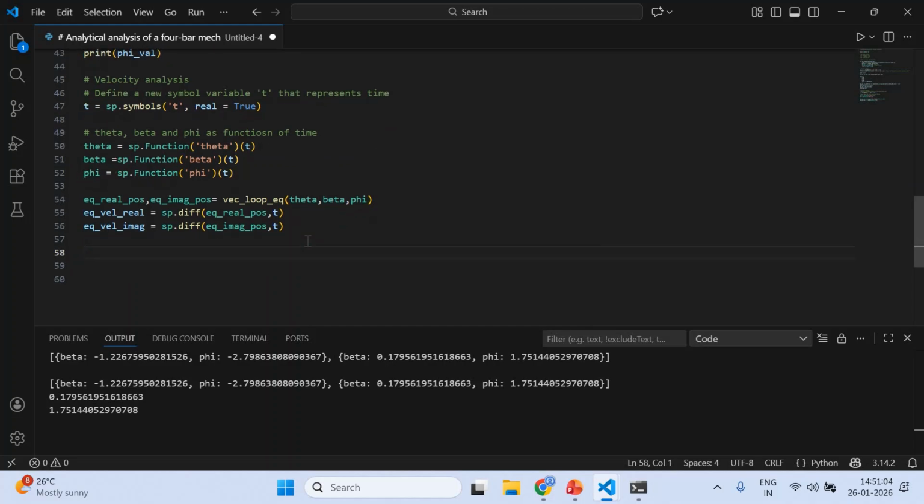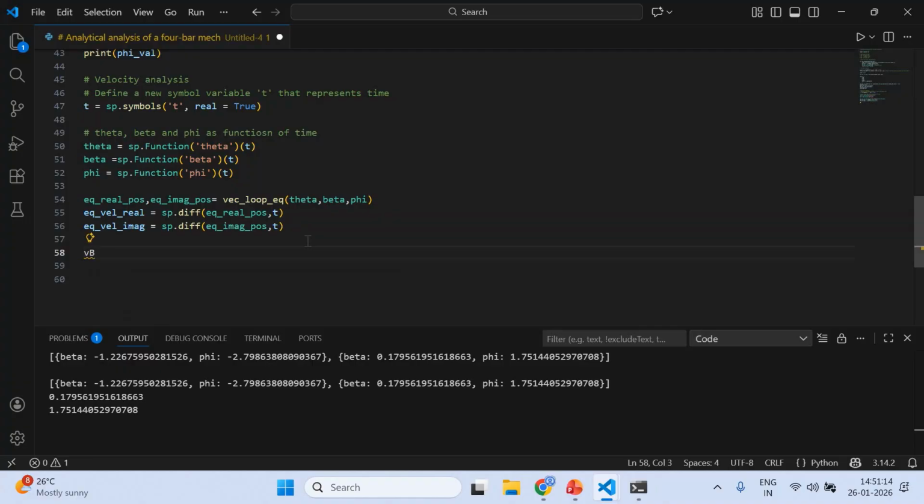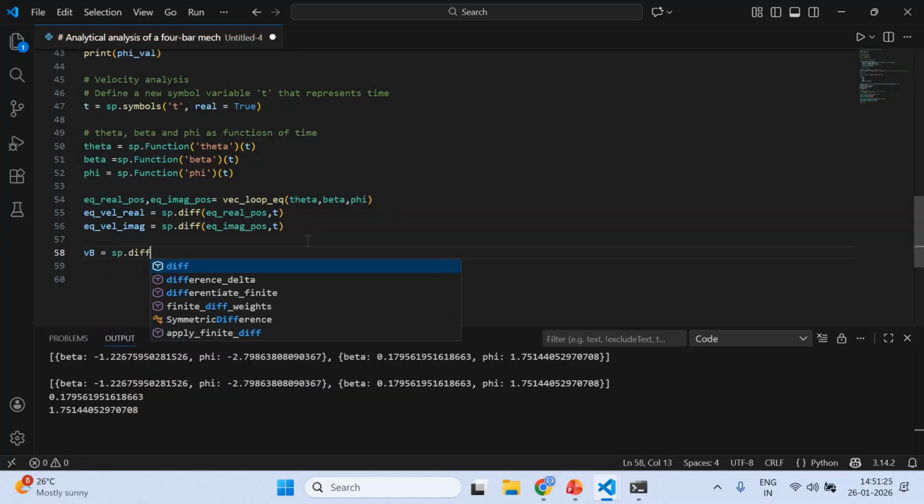So once we have differentiated these two equations, after this we will define the linear velocities. So linear velocities will be vp equal to sp.diff. See, linear velocities are obviously the differentiation of the positions of the respective points, right?